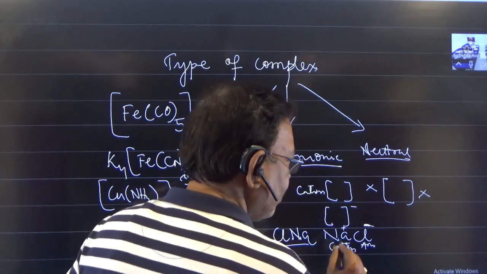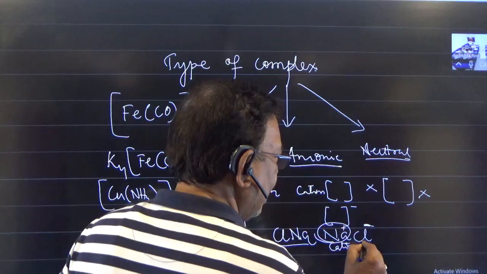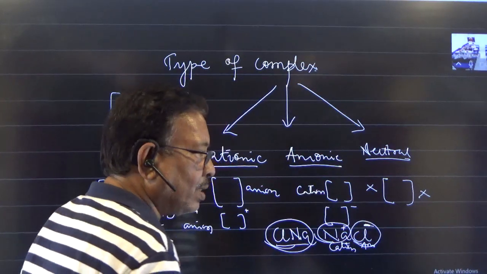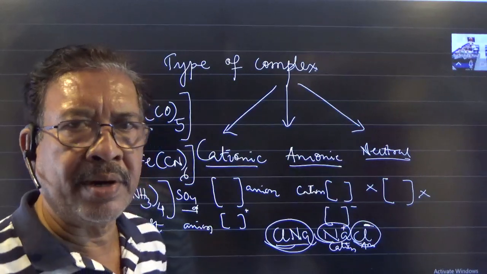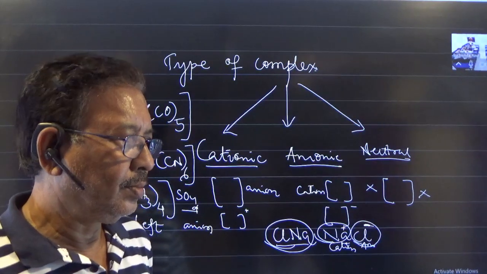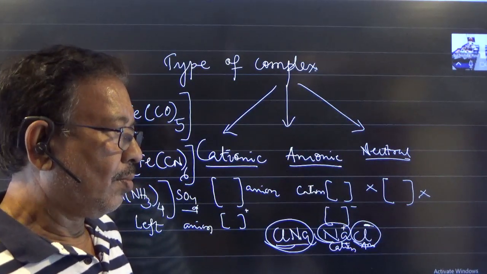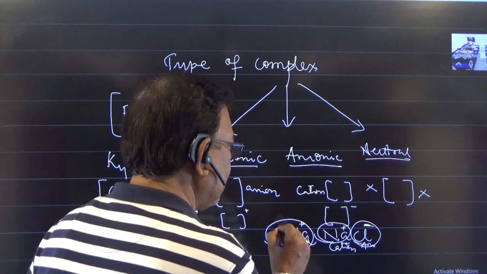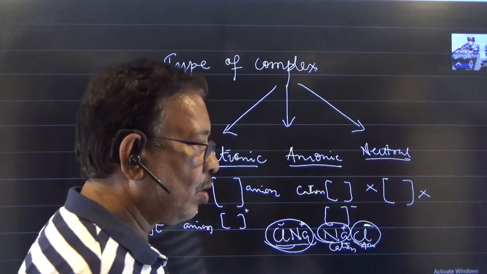Are you clear? If I write ClNa, which is cation and which is anion? The metal is cation, Na plus is cation, Cl minus is anion. Could you follow or not?